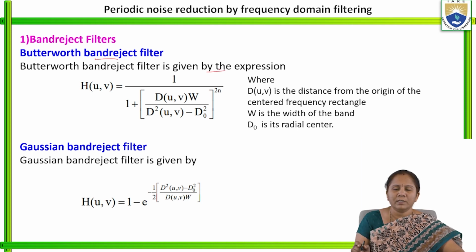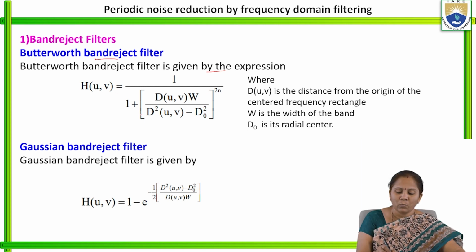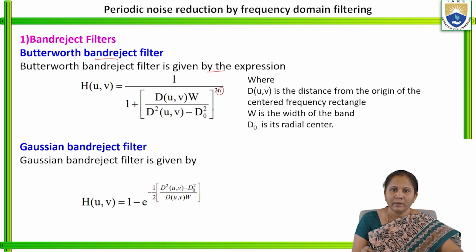The band reject filter can be mathematically expressed as H of u comma v is equal to 1 by 1 plus the quantity D of u comma v into W by D square of u comma v minus D naught square, whole power 2n. Here n represents the order of the filter. Based on the order of the filter, we will have a Butterworth smooth transition.